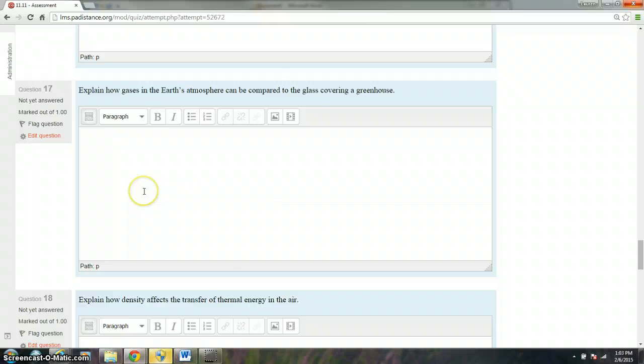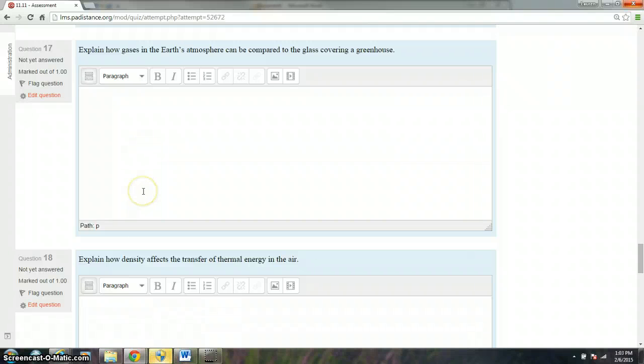Question 17, again, an open-ended question. Explain how gases in the Earth's atmosphere can be compared to the glass covering a greenhouse.